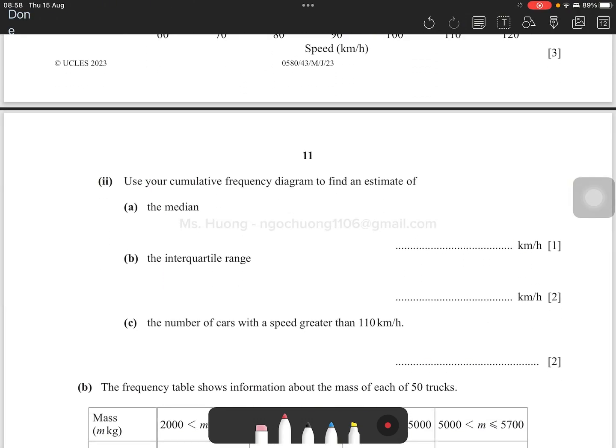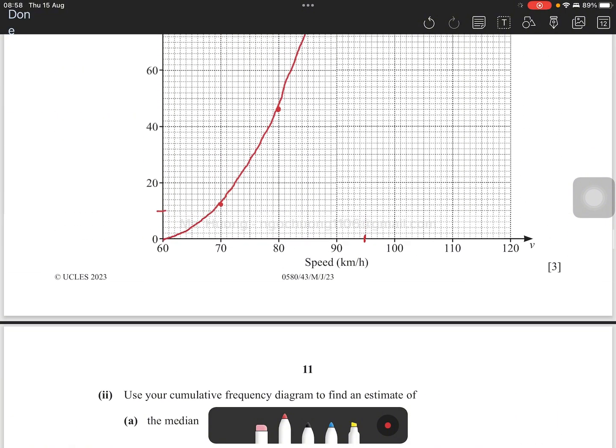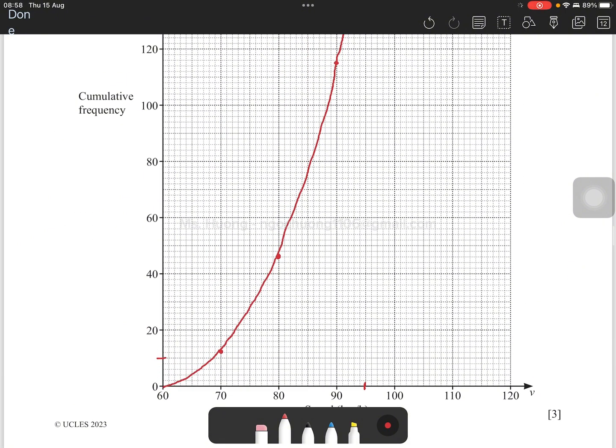Second question, use your cumulative frequency diagram to find an estimate of the median. To find the median, we'll find 50% of n. In this case, there are 200 cars, so 50% of 200 cars is 100. So we'll start from 100.